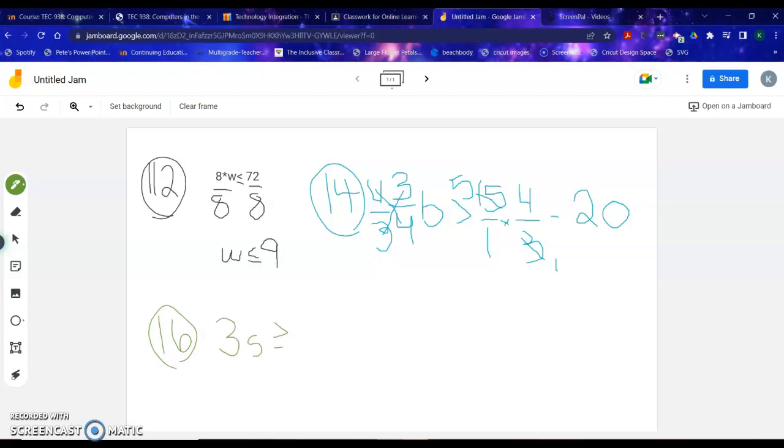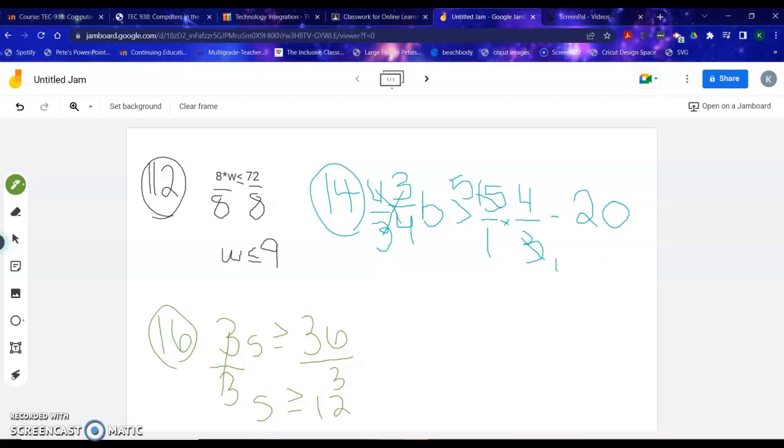This 3s shows multiplication, so we're going to do division here. We're going to divide both sides by 3 so we can cancel out the 3s and have s left over. Then divide this side by 3, and 36 divided by 3 is going to give you 12. So you're left with s is greater than or equal to 12.